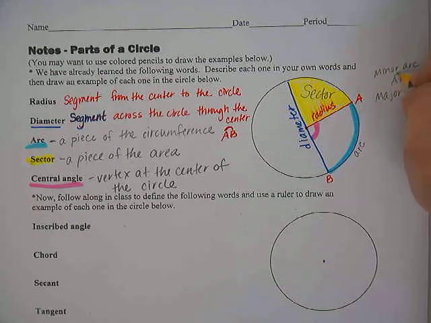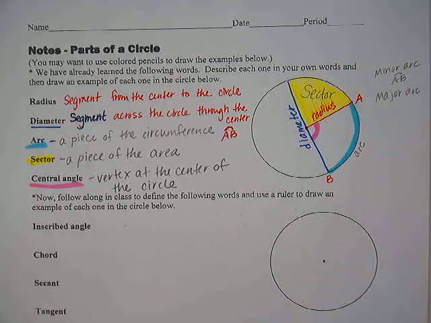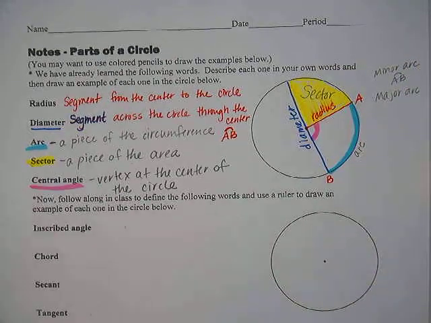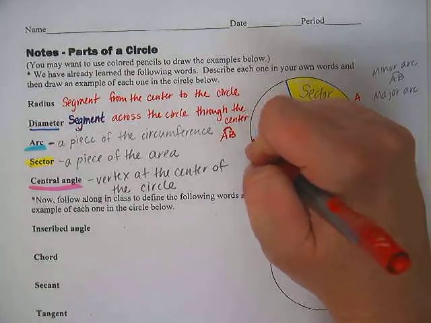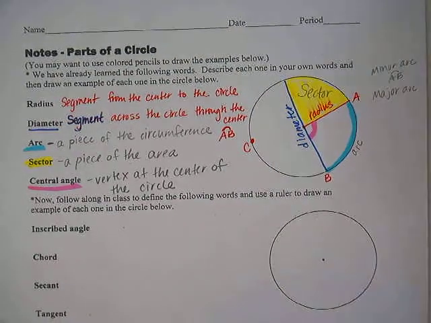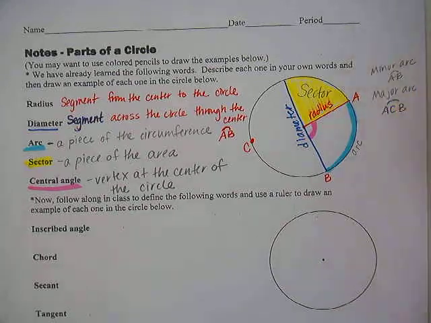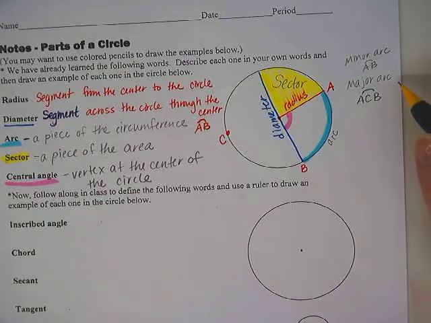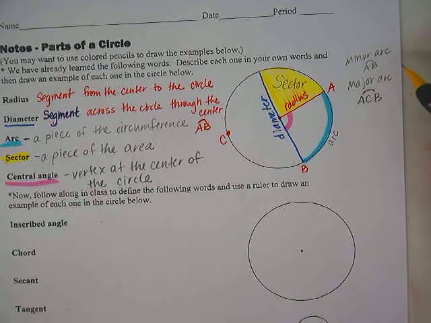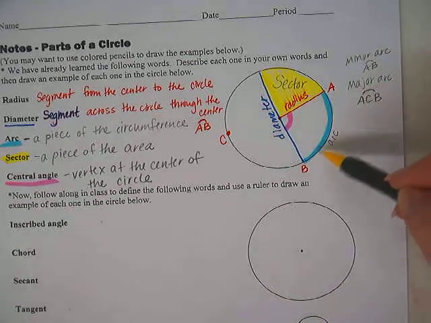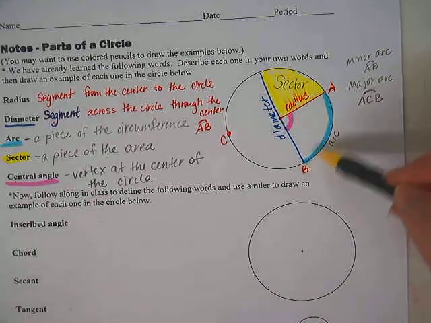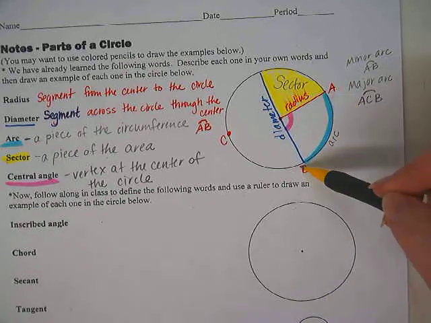So if we wanted to do a minor arc, that would be like the one we just did from A to B because it's small. But for a major arc, let's put another point over here somewhere called C. A major arc could be through point C. How would that be different than the minor arc? What's the difference?